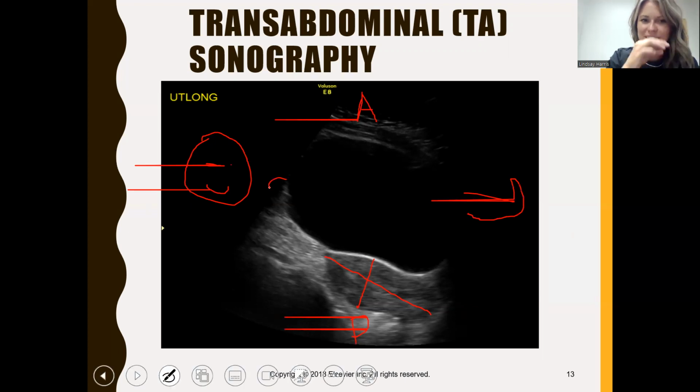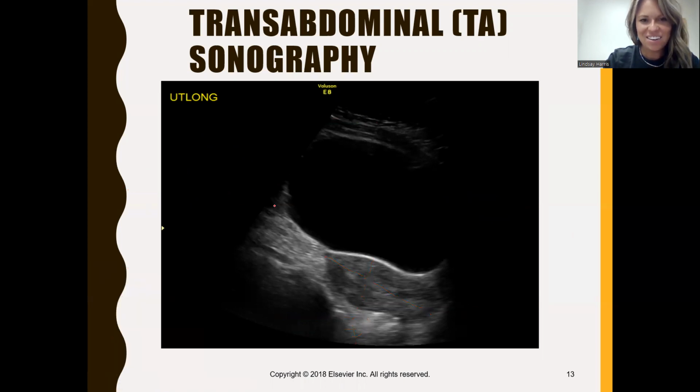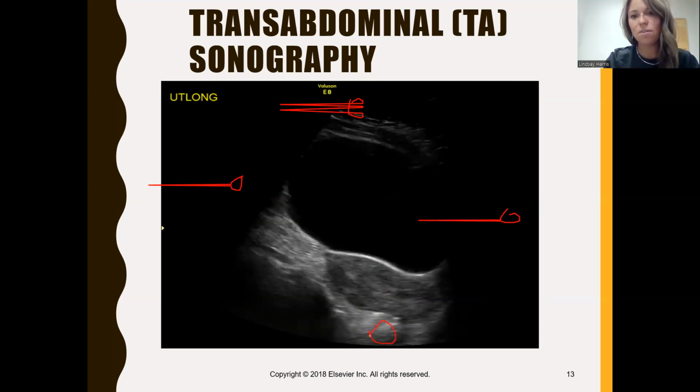And so that's how the orientation is. Sorry for all those lines there. But I'll erase it all here. So head, this is the feet, head, anterior, posterior. And that is how the orientation is.